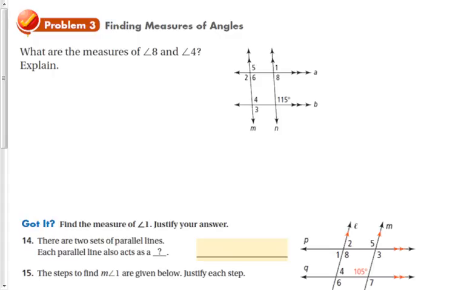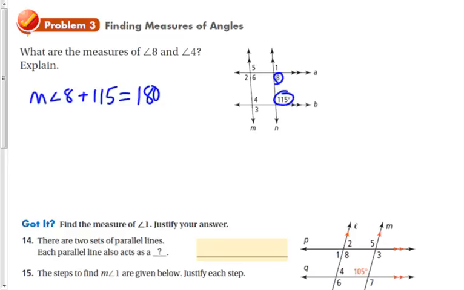Okay, finding the measures of an angle. What are the measures of angle 8 and angle 4? Just looking at this diagram, notice there are 2 sets of parallel lines, so we can use either set of parallel lines and either of the other ones as transversal. So we could say that the measure of angle 8 plus 115 is equal to 180, because those are same side interior angles, and same side interior angles are supplementary.